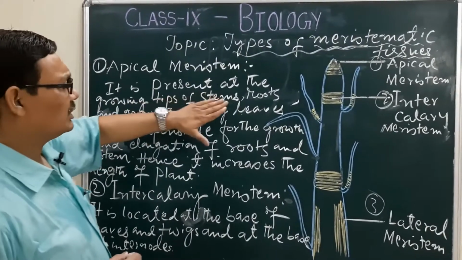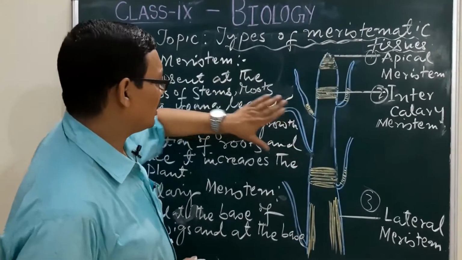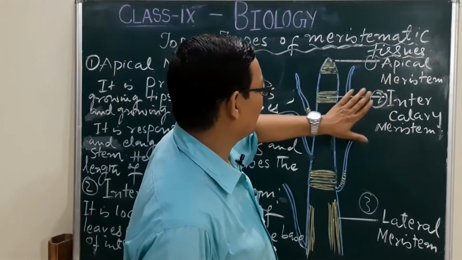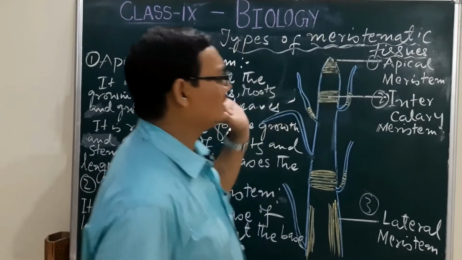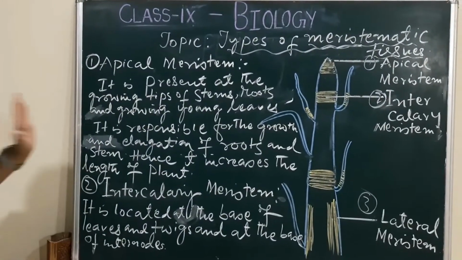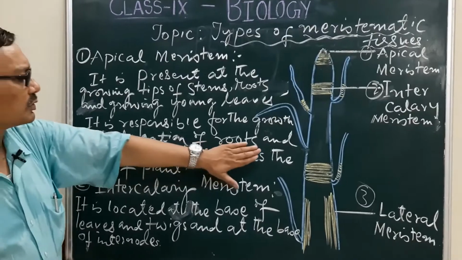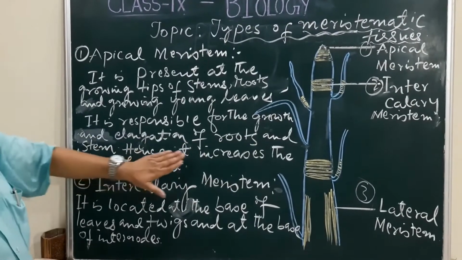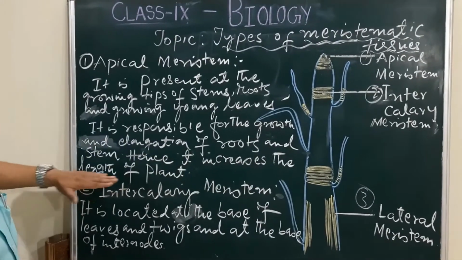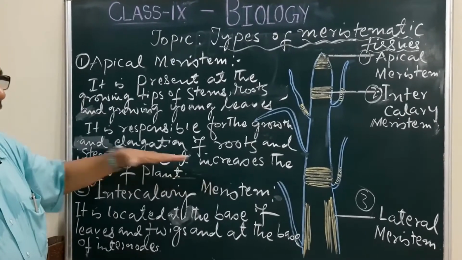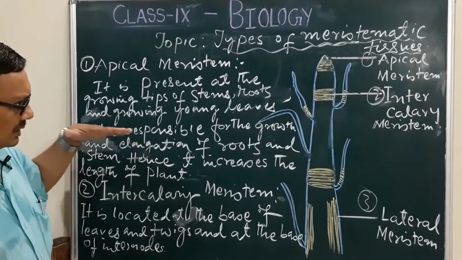Similarly, not only in the stem region but also in the roots and growing young leaves, such tissue is present. It is responsible for the growth and elongation of roots and stem, hence it increases the length of the plant. It is mainly related with the elongation of the plant part.